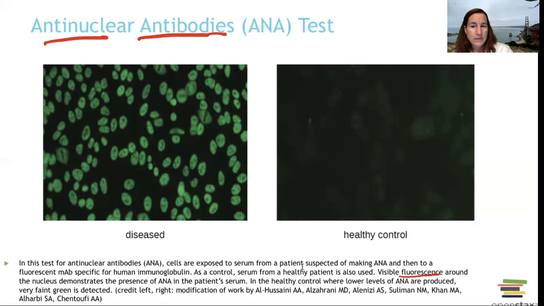If you have it, it will fluoresce. If you don't have them, then it won't. And so previously, I want to say it was chapter 19, that patient had lupus, and this was one of the tests that they used, and hers would have fluoresced like this one does.